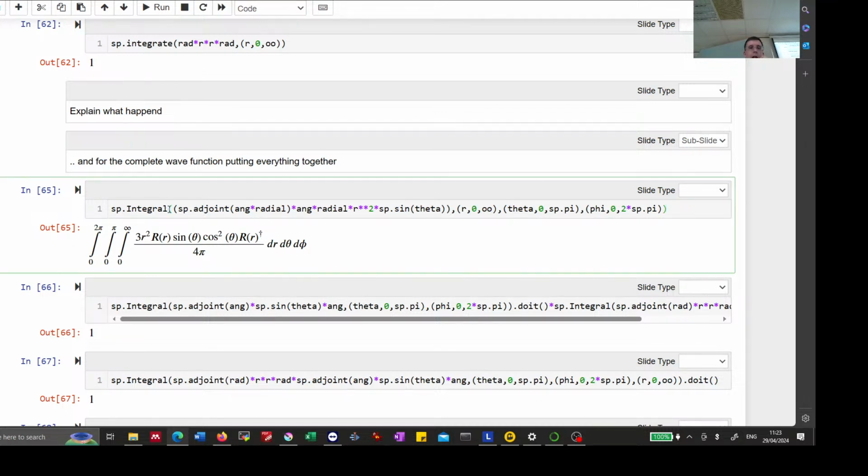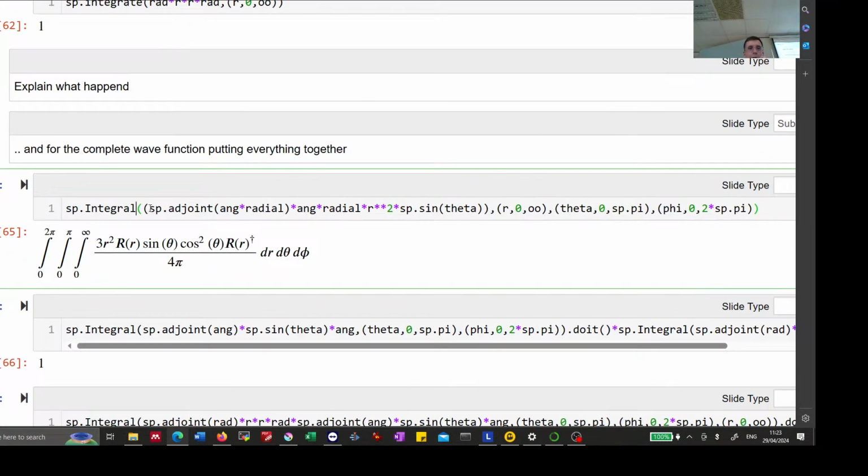And now we can put everything together. When you put everything together, it becomes a little bit hard to read. But here we have an integral for the product, the radial and angular part, times the function radial angular part, times r squared sine theta, that is from the volume element, and then 3 variables for the integration, including the integral boundaries.